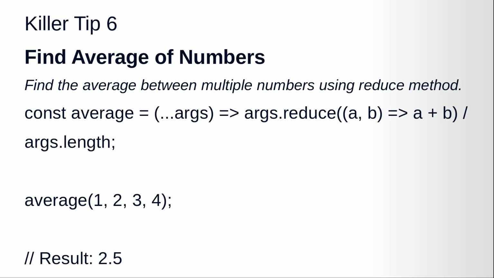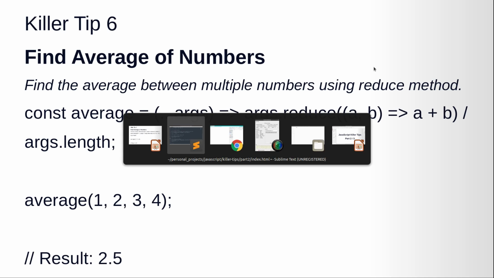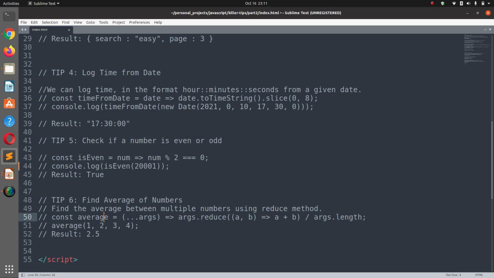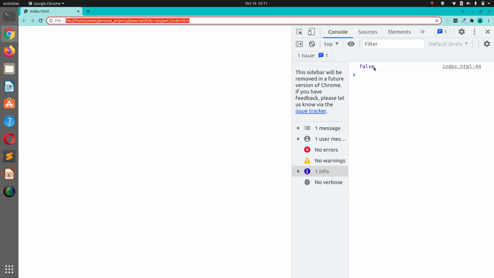Find average of numbers. It's a one-liner function, const average, and it's using the reduce function with a and b, adding them both and dividing it by the length of the array. So if I uncomment this function here, average, and call the average function, refresh the page.